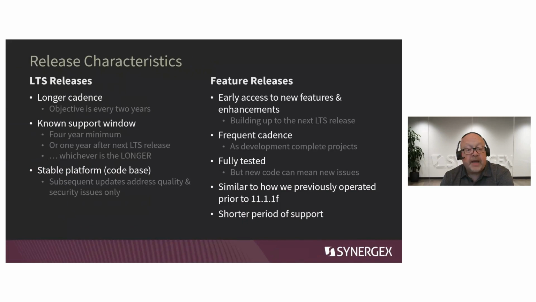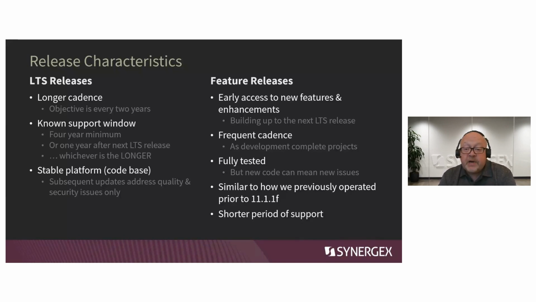Let's talk a little bit, just for a couple of minutes, to make sure that you all understand the differences between LTS releases and feature releases, because it is quite important that you do so. They are somewhat different. LTS releases are essentially a brand new thing for us. They're kind of a layer above anything we've done in the past. They're designed to provide a very stable platform with regard to features and quality, and for an extended period of time.